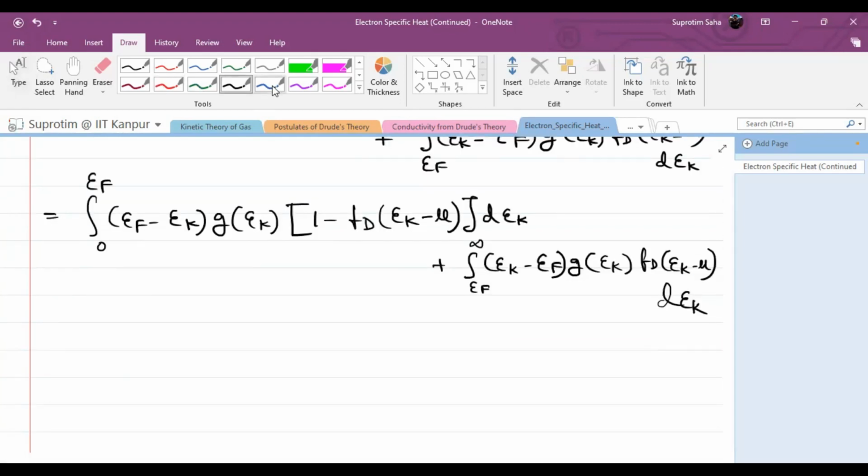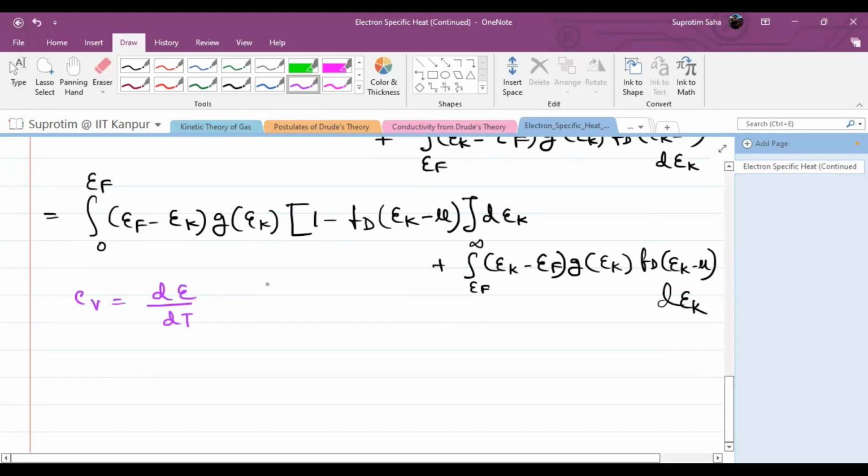Now what we are willing to calculate is the specific heat. So the specific heat definition is CV is DE DT.